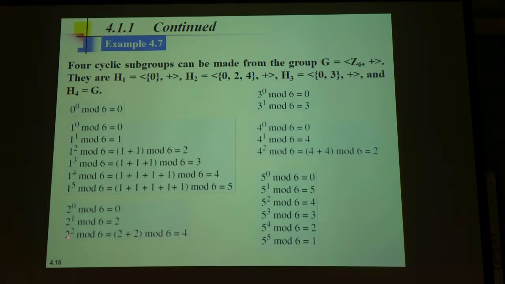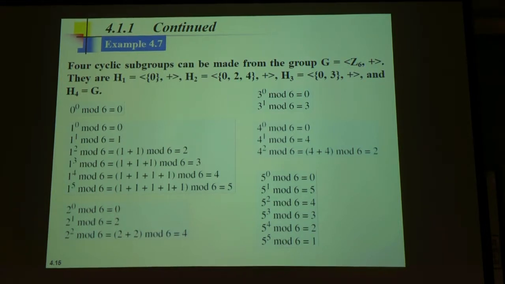Let's go with 3: 2 plus 2 plus 2, 6. And 6 mod 6 gives you 0. Repeated. Let's go with 4: 2 plus 2 plus 2 plus 2, 8. Mod 6 will give you 2. Repeated. So no point in going on, because it's going to repeat the same 3 digits.